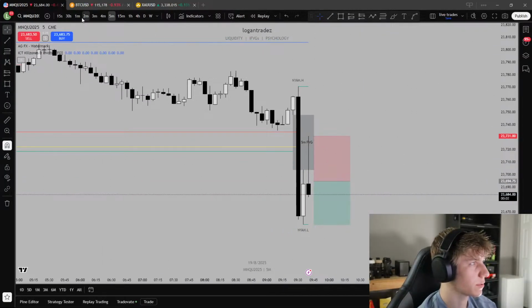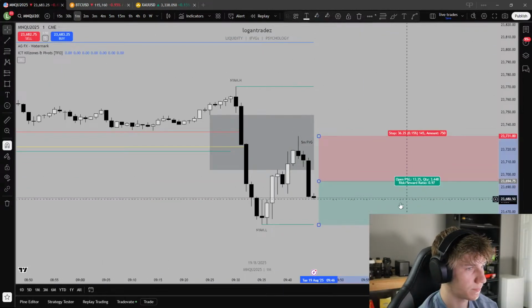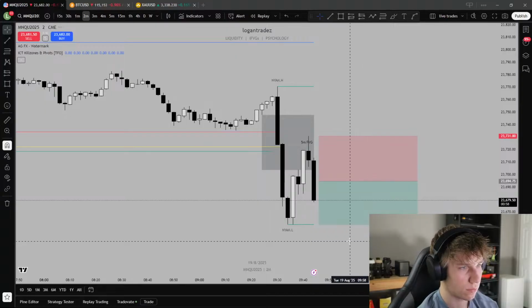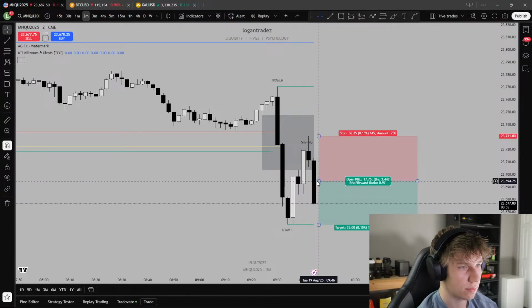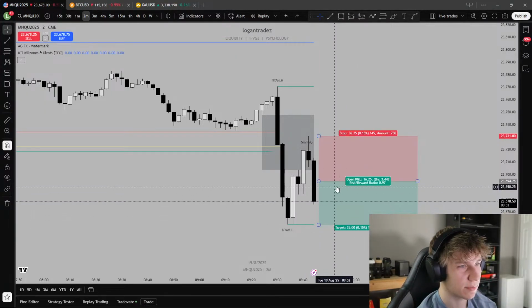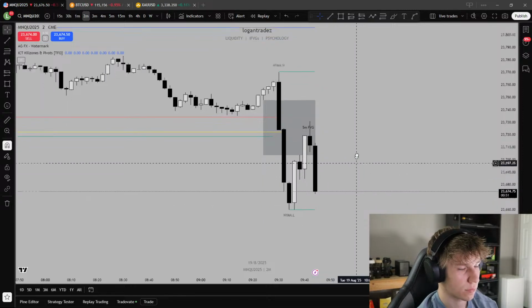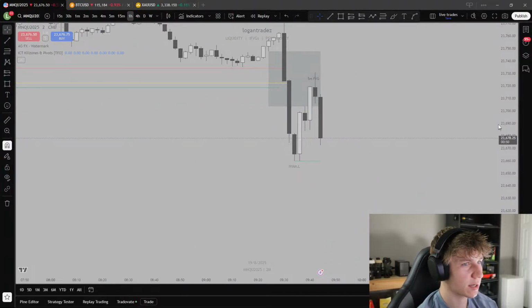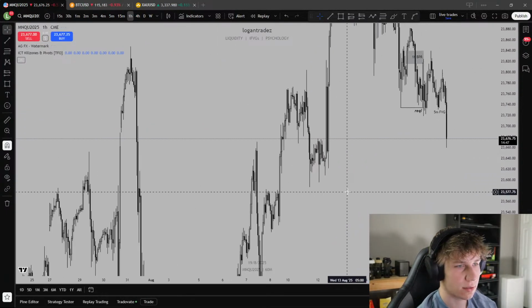Yeah, we just closed below the 15 minute gap. And now it's just dumping, so I go mark out the sell side that I had on NQ.